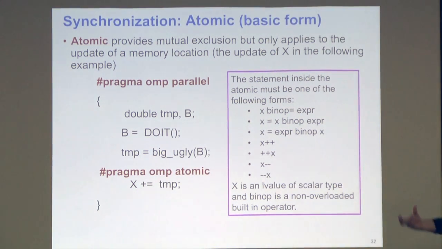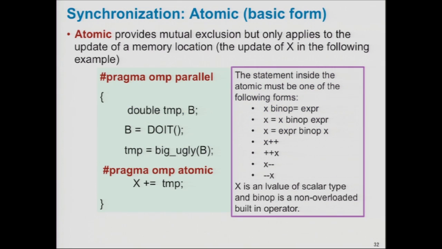I've essentially got a critical section for the accesses to x. There's now a very restricted set of ways that you can write this access. You can increment and decrement x, post or pre-increment and decrement. And you can also access it with any of your favorite binary operators, in any order you want, with an expression.